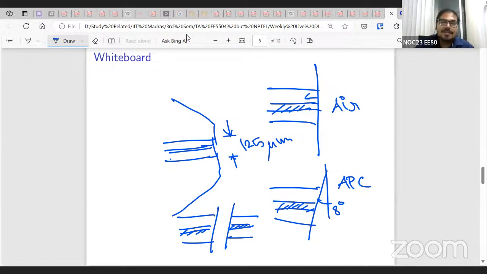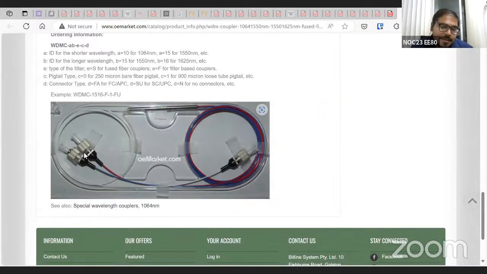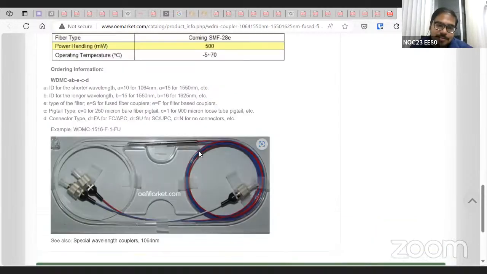So in this picture, there will be a notch in this connector to align the two fibers. So these are the connectors, and the main component almost always without fail looks like this inside a tube.